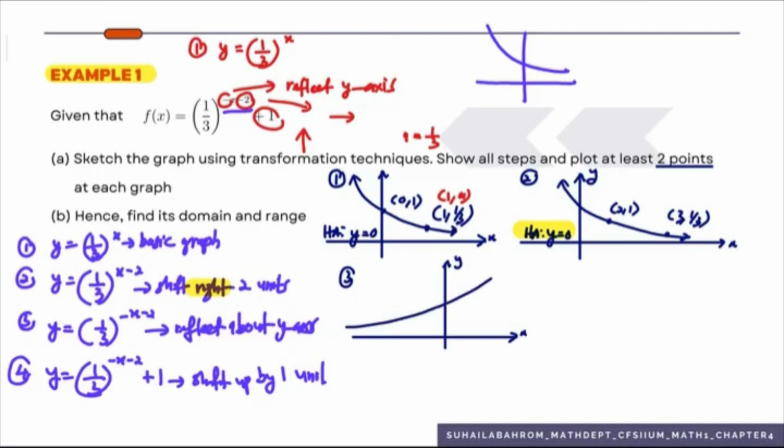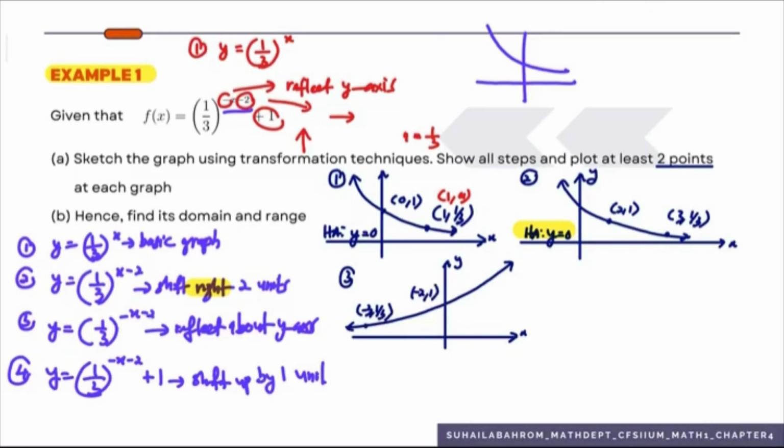So the new graph would be something like this. The coordinate (2, 1) will become (-2, 1), and the coordinate (3, 1/3) will become (-3, 1/3). So let us plot the coordinates here.